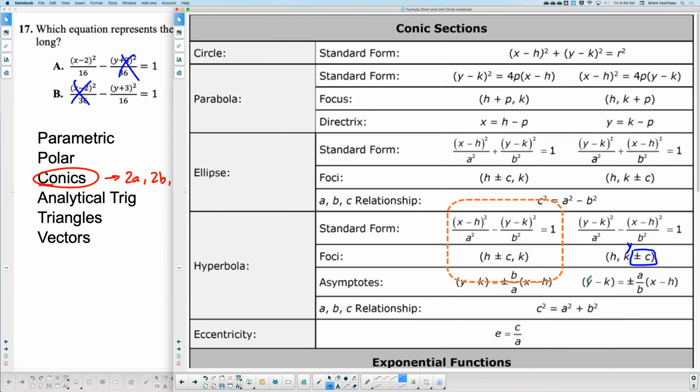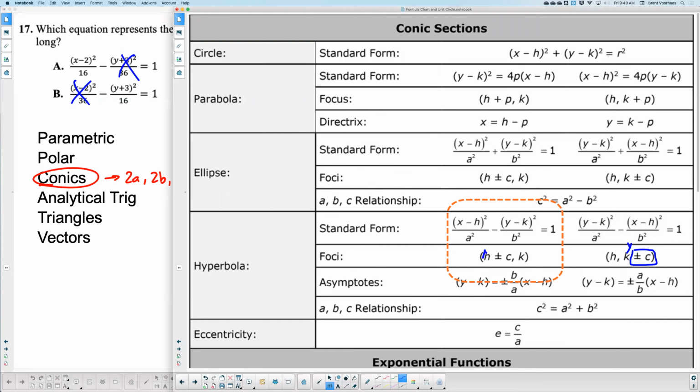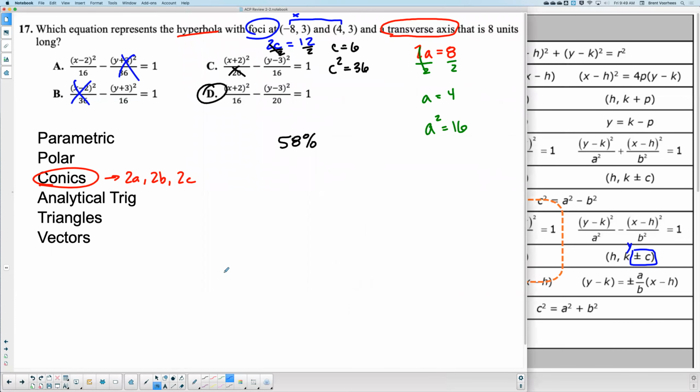That one's changing Y. What did our C's change in the problem? Do you remember? Let me show you again. What did the C's change? The X's. So it would be this problem because here the C is changing the X value. That's the X, that's the Y. The two C's are changing the X. And that was another reason why you could have known it was that formula. I forgot to tell you that at the start.